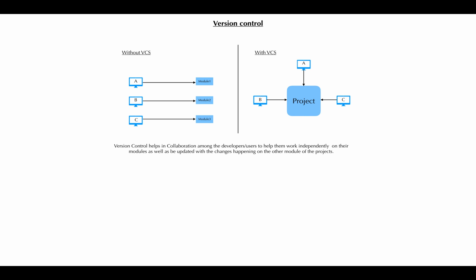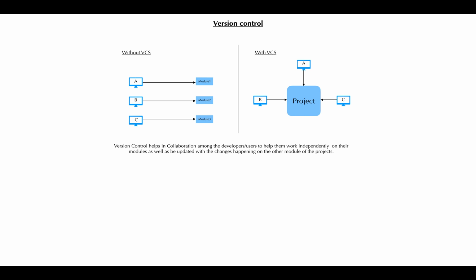As I said, version control is a technology which allows users to control the versions of their piece of work. I'm saying piece of work because it can be anything. It can be code, a text file, an image, a logo, or an article a content writer is working on.